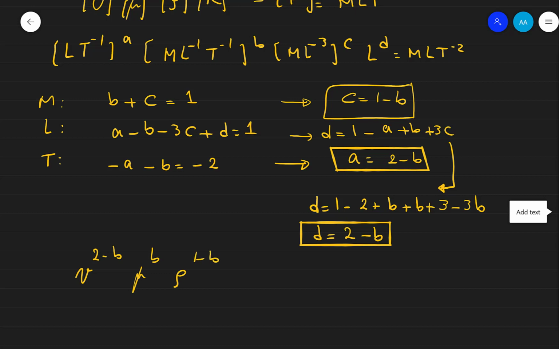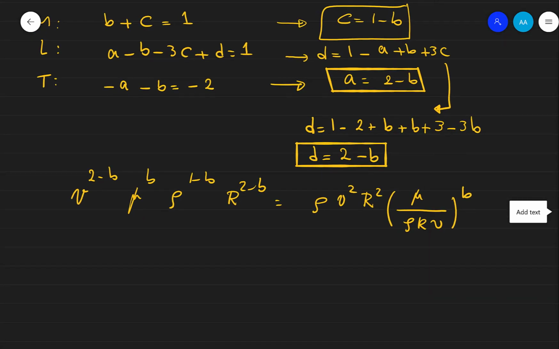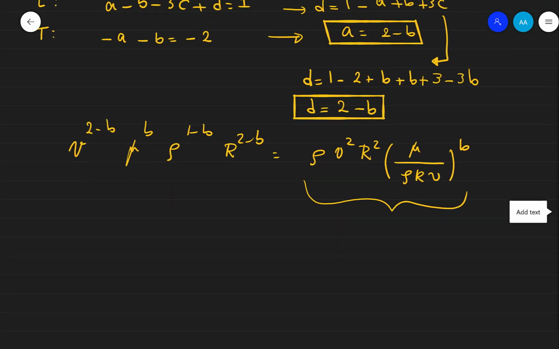R to the power D, which is this combination, has the same dimension as force. For any value of B, we can take B equal to 0, 1, 2, one half, and any other real value.